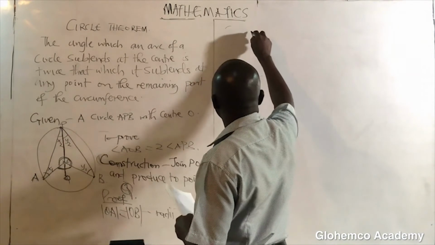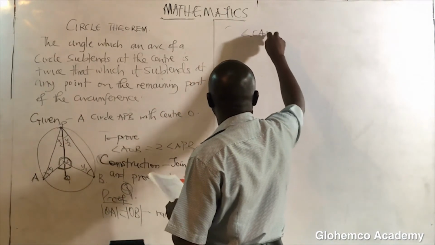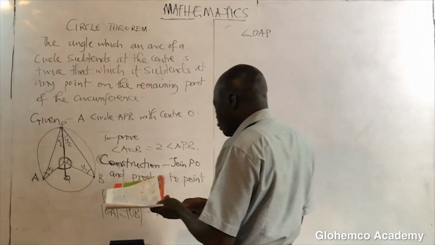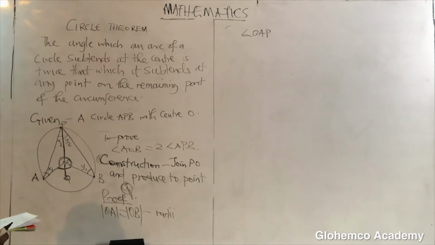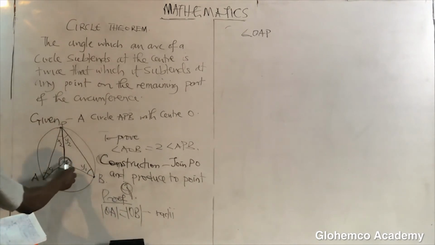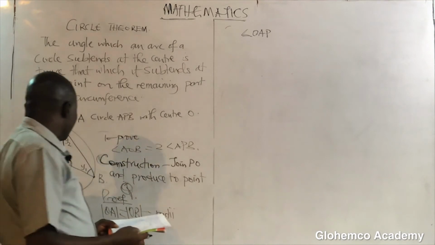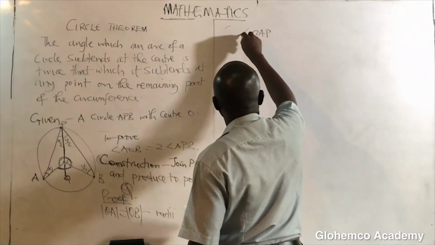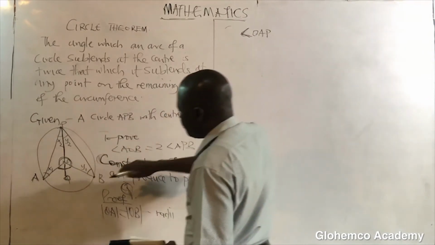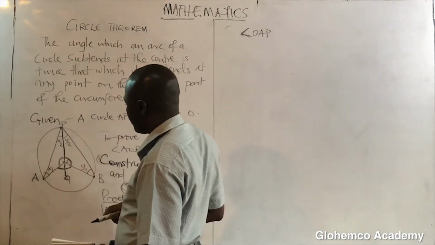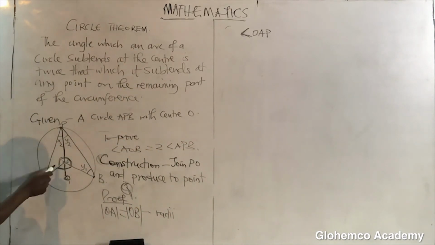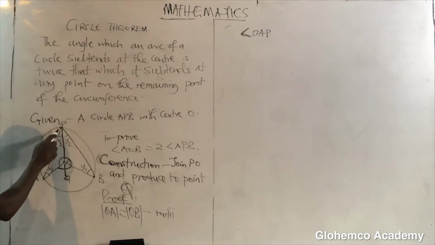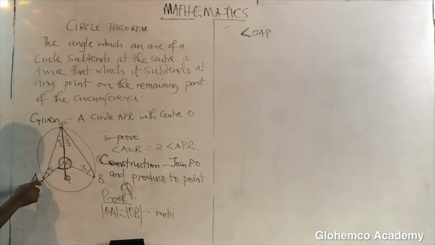Now angle OAP. What is angle OAP? Let's look at it. Before then, you will get it clearer that this is a triangle. APO is a triangle. A moving to P, coming to O, coming back to A is a triangle.